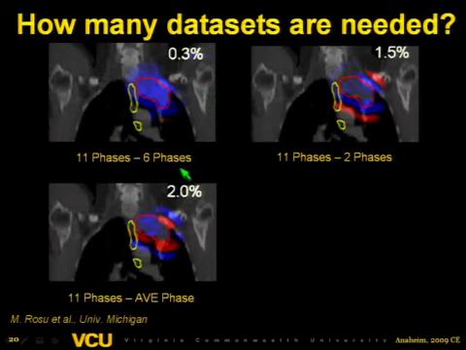So 6 phases, 2 phases. In this case, exhale and inhale doses were considered only. And also, a comparison was performed with just the dose computation that was performed on the data set that corresponded to the average position over the breathing cycle.